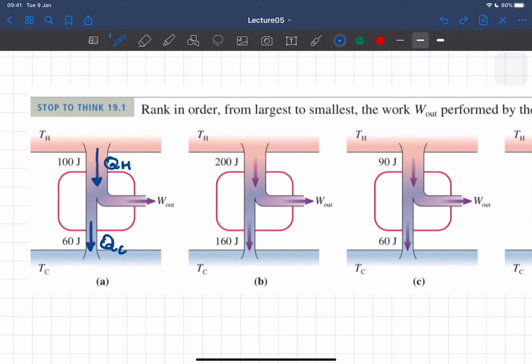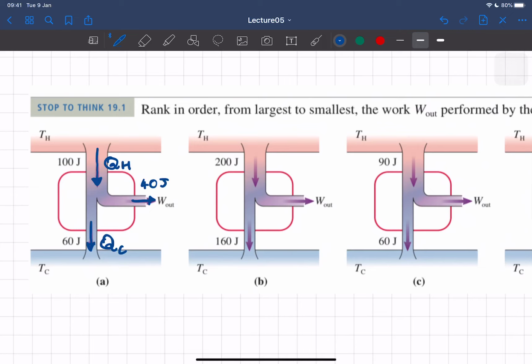Okay, so now you get 100 from the hot side, and then you throw away 60 joules to the cold side. Right? It should be obvious to you that the work that you get here should be 40 joules, right? And that's just coming from the conservation of energy, right?